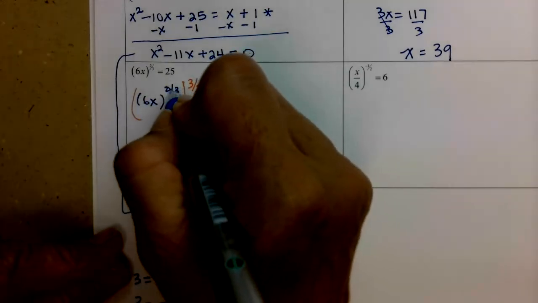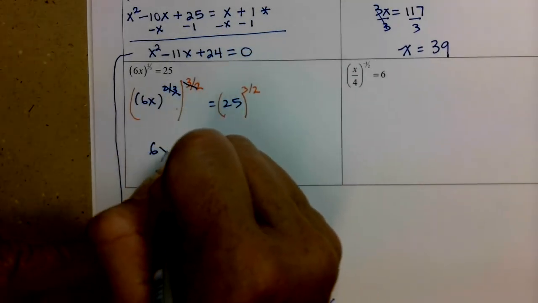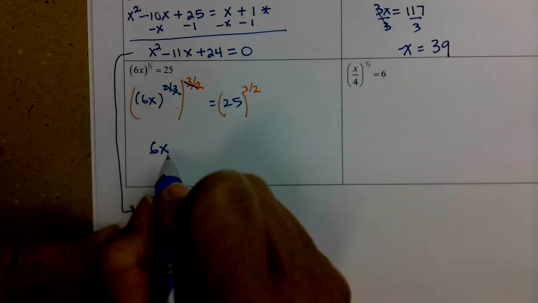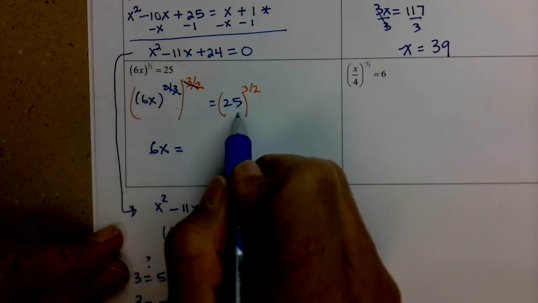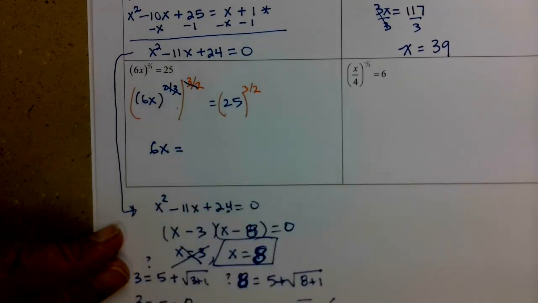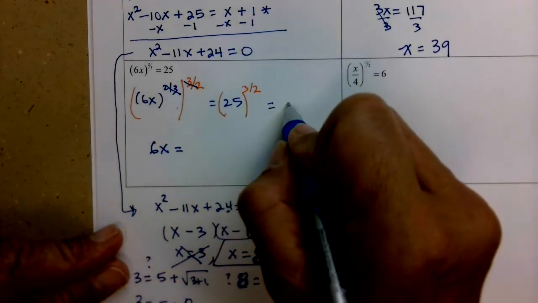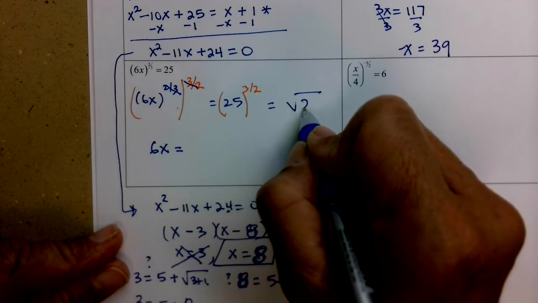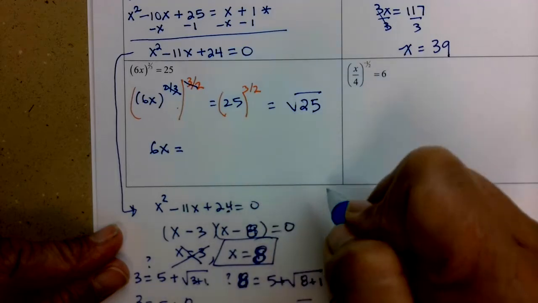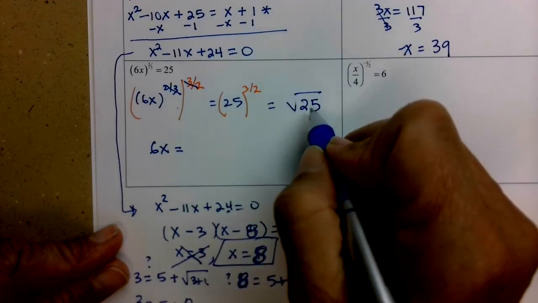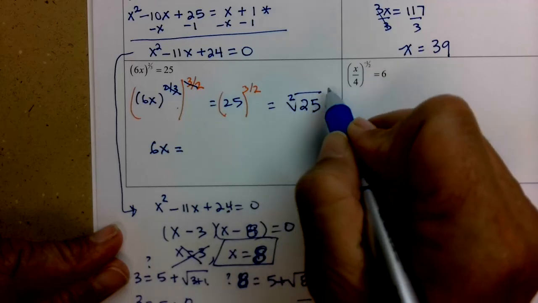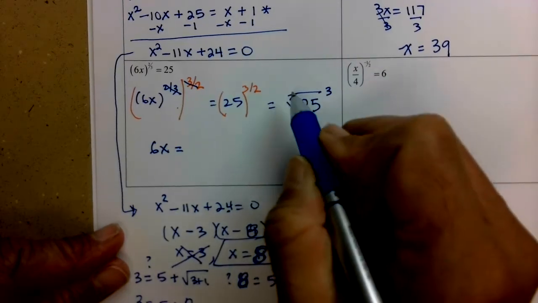Okay, here we go. Left, we talked about it. So I just get the 6x. That's awesome. And then on the right, oh dear, I have 25 to the 3/2 power. So if I do that in radical notation, 25 is my radicand, 2 is my index, then I'll cube my answer when I'm done.